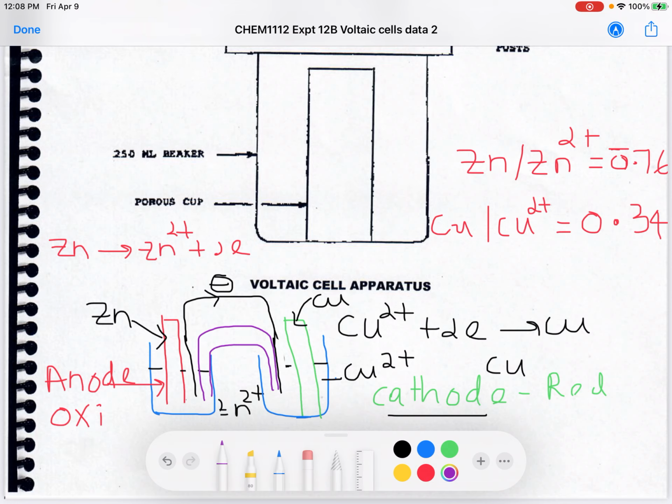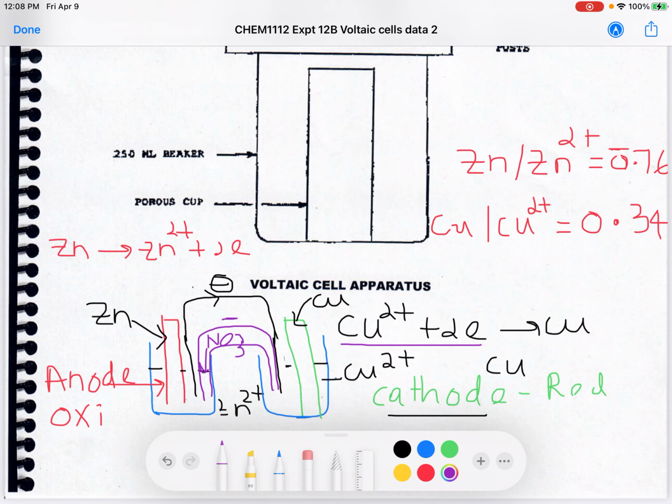The salt bridge helps you to balance the electrolytes in the two solutions. Since zinc is becoming zinc 2 plus, we are adding more cations. So to balance that, let's say in your salt bridge you have potassium nitrate, the NO3 anions will go to the anode side. What about the cations from the salt bridge? Now what is happening in the cathode?